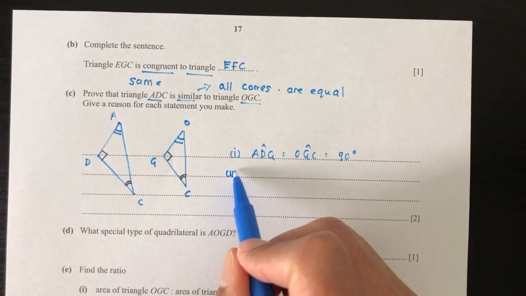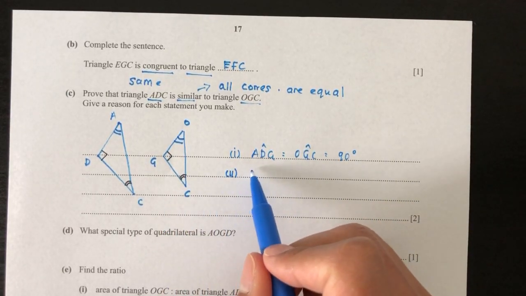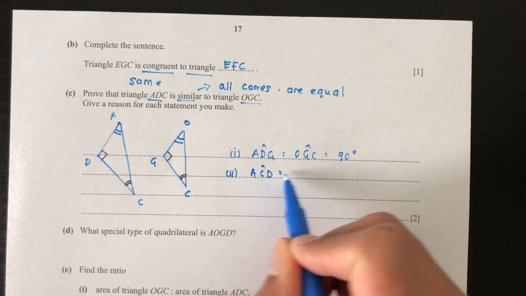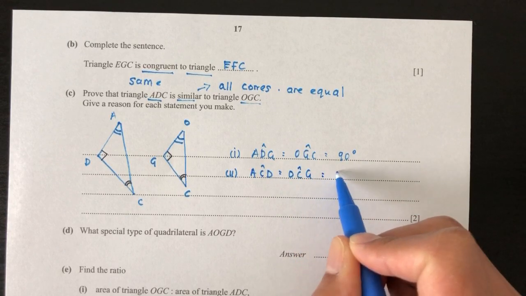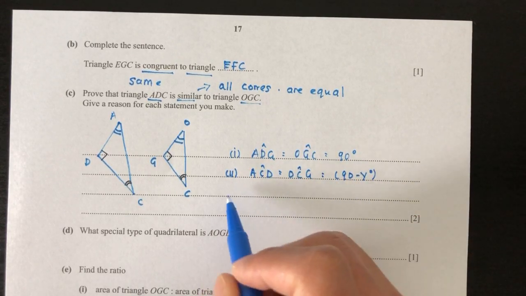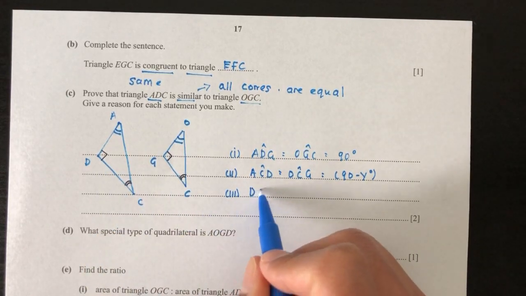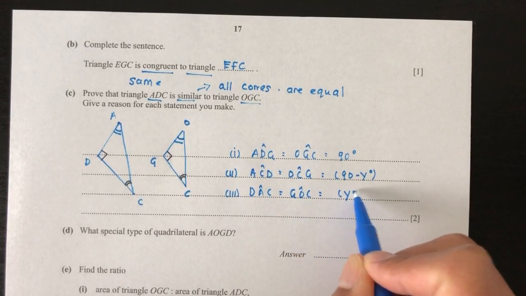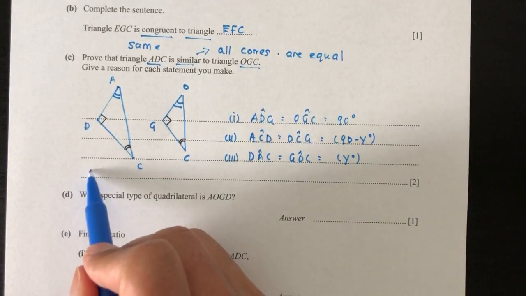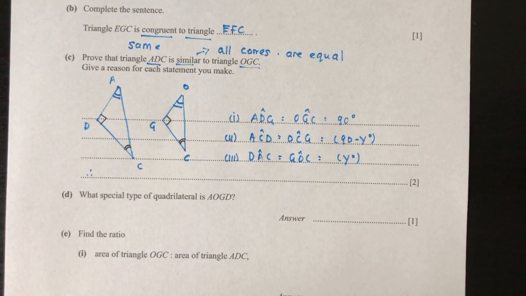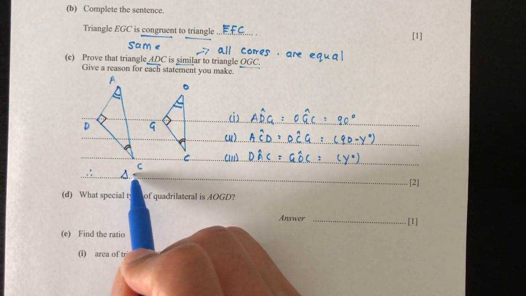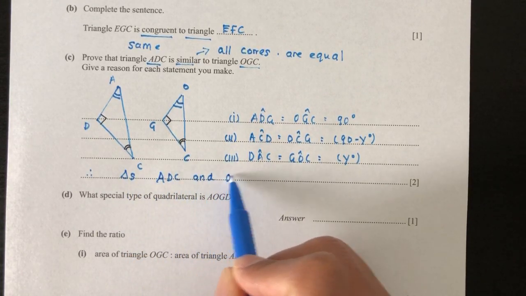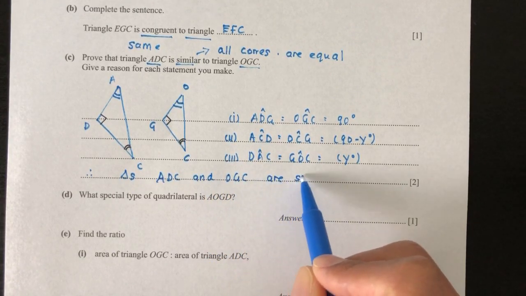Now, angle ACD is equal to angle OCG, that was 90 minus y. And last one, DAC is equal to angle GOC, which was y. So by proving the corresponding angles are the same, we have shown that the triangles ADC and OGC are similar.